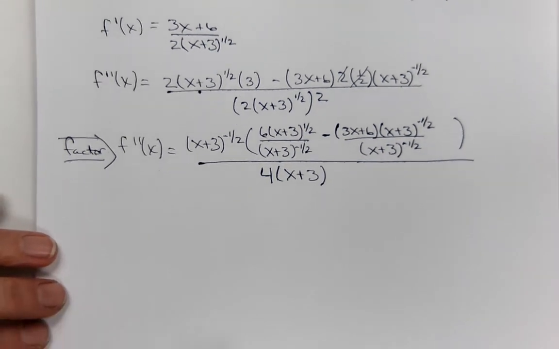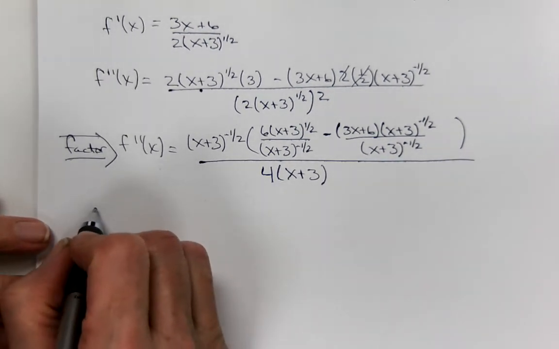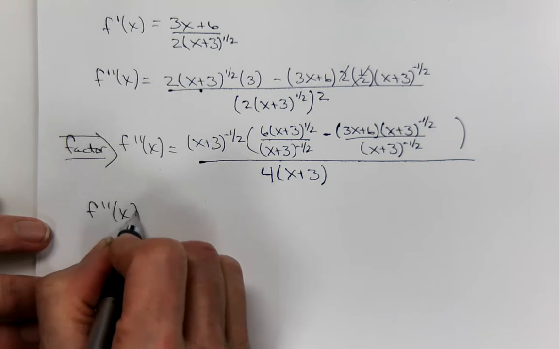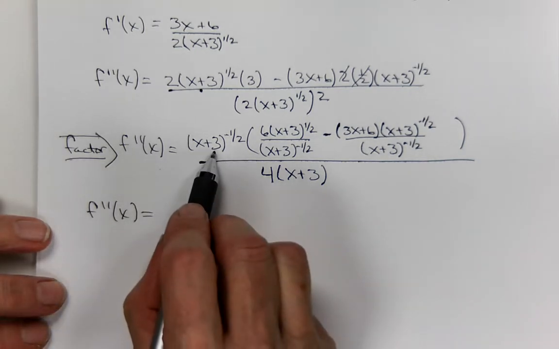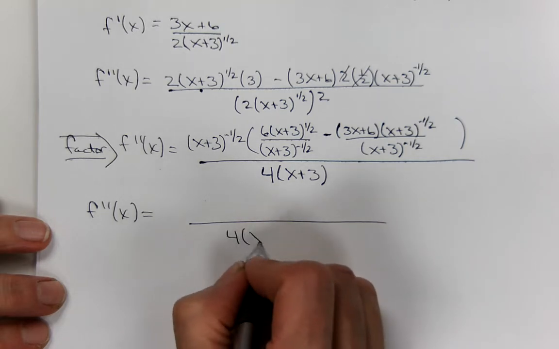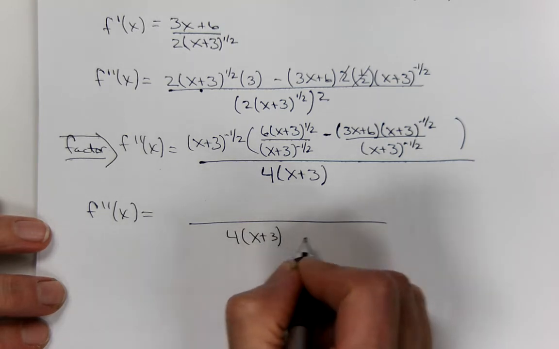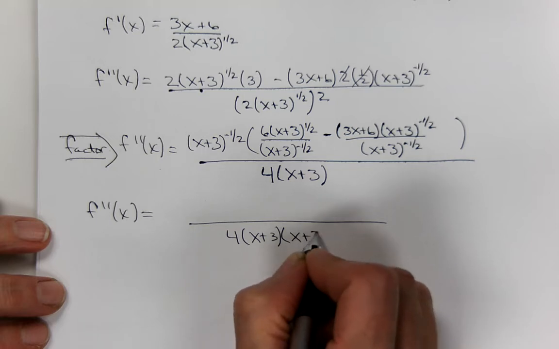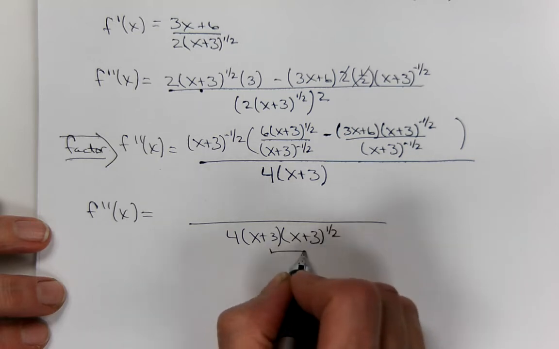So now f double prime of x is equal to, let's move this guy down. Our denominator is now 4 times x plus 3 that we had before. And then we have an x plus 3 to the 1/2, and we'll be adding the exponents for those.